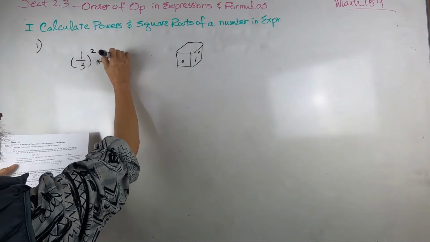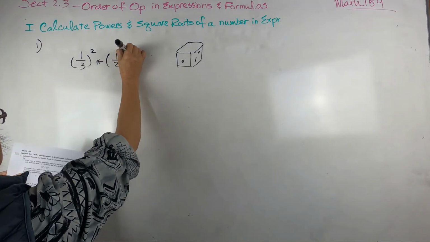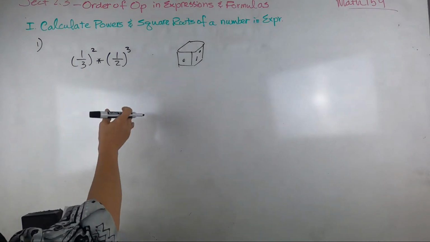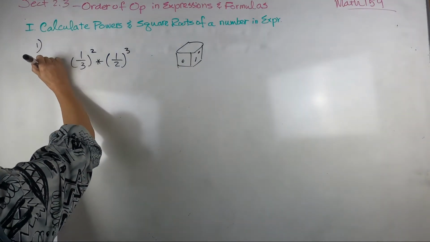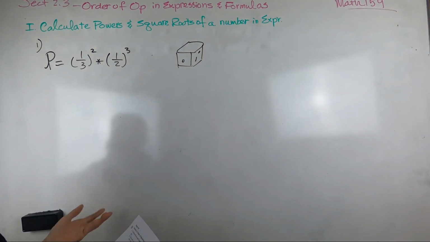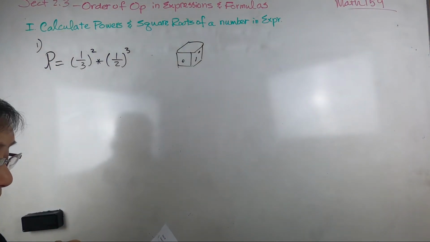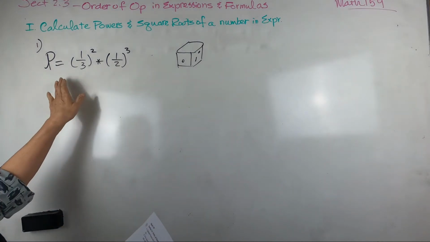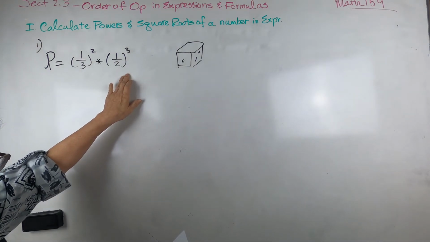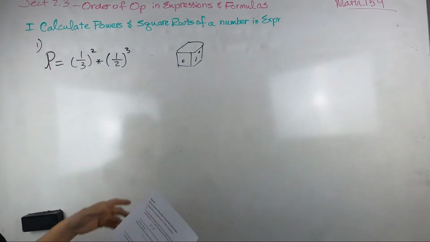You don't know why, but you will learn this later. For the moment, we just give you the answer, the probability will be this one. The question is, what is the probability rounded to 3 decimal places? All you need to do is round this one to 3 decimal places.